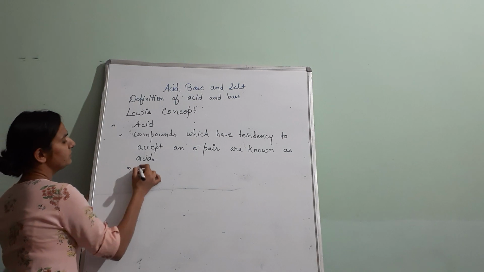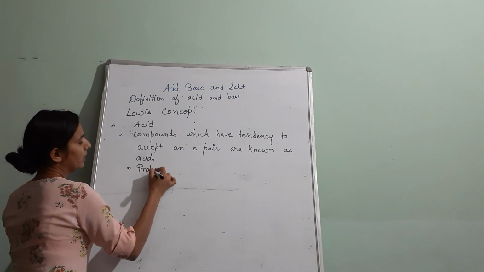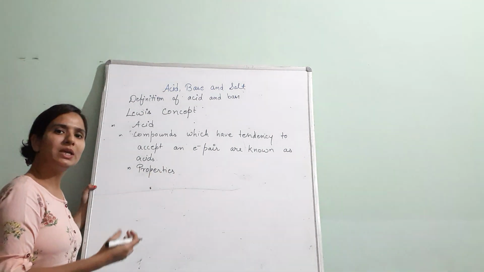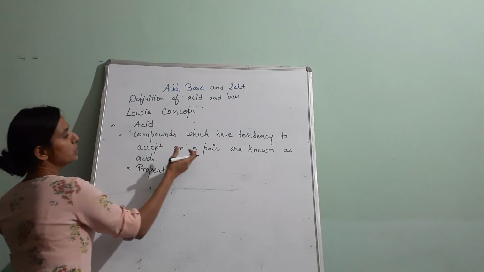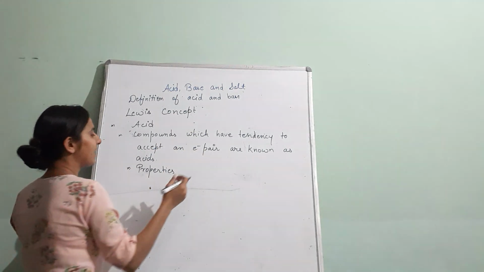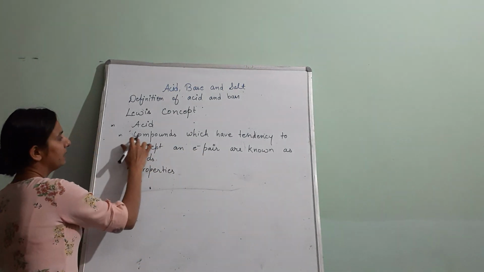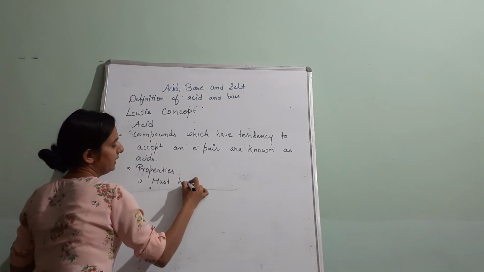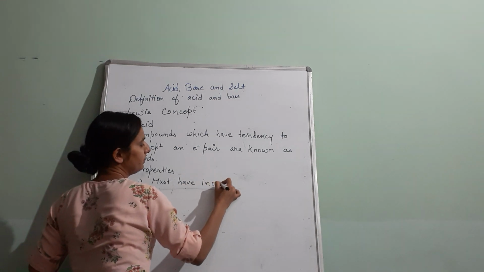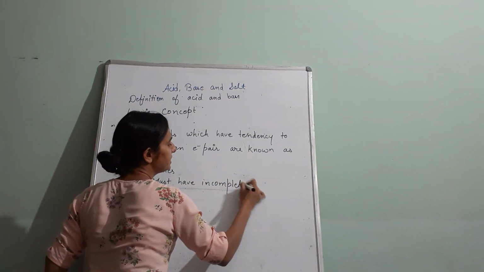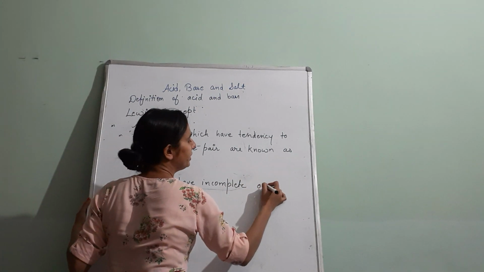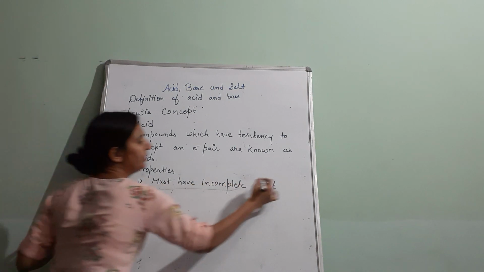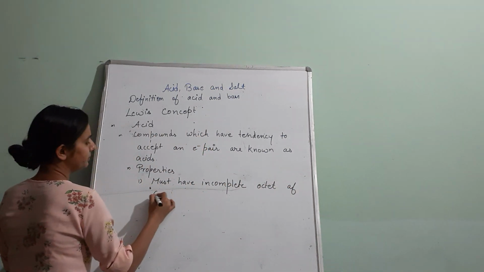So what are the properties of these compounds? On what basis can we predict which substance has a tendency to accept an electron pair and which has not? First property, the compound must have an incomplete octet of the central metal atom.